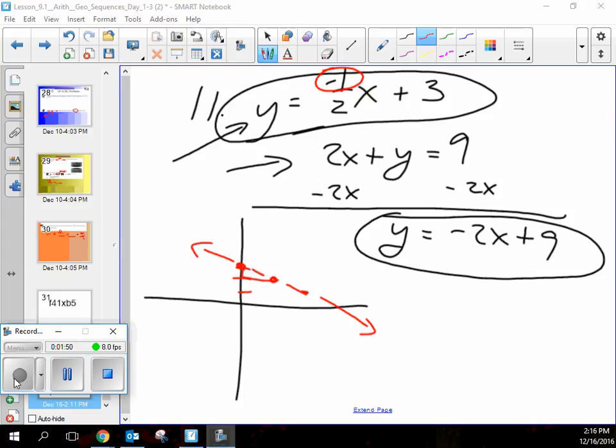All right, you seem to be pretty sharp today, so tell me how to graph that second one. This one right here. Where do I start? Yep. So I'm going to go up to 9. 1, 2, 3, 4, 5, 6, 7, 8, 9. And you put a dot there. And then what?